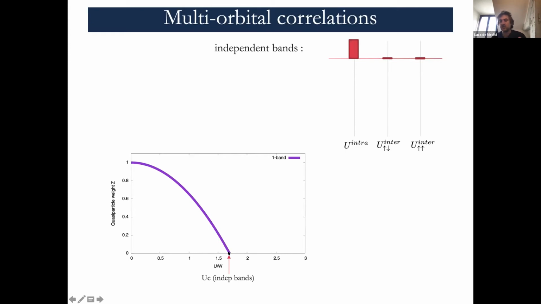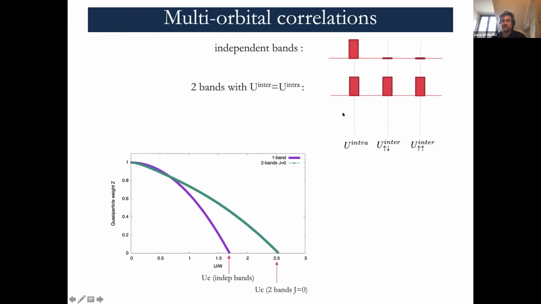Now, imagine that you turn on the inter-orbital interaction, both for parallel and anti-parallel spins. Well, seemingly you have more interaction, but on the other hand, you'll have a Mott insulator at a much higher critical interaction strength. So at the critical interaction strength where you had a Mott insulator for bands that were not interacting with each other, when they start repelling with the inter-orbital mechanism, they get more metallic, and you need more interaction to get a Mott insulator.